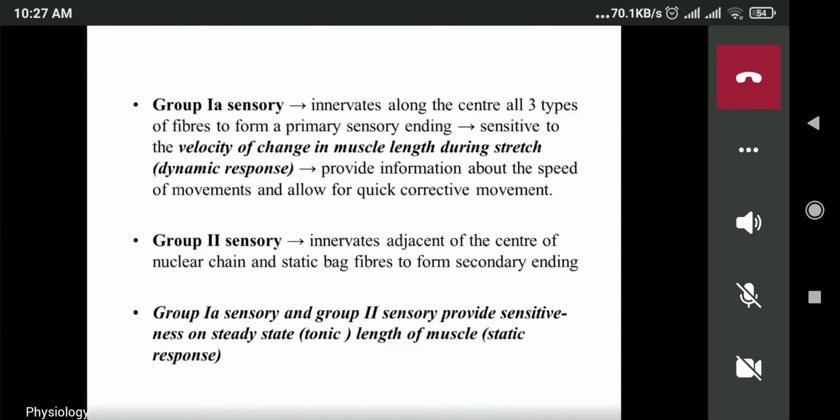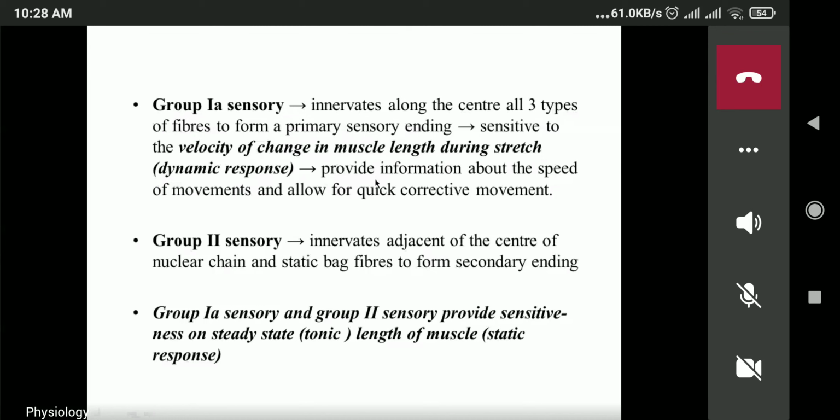So what I have told, that is written. Group 1A sensory innervates along the center all three types of muscle fibers from the primary sensory ending, sensitive to the velocity of change in the muscle length during stretch. When it is active, it is sensitive to the velocity of change in the muscle length during stretch, that is dynamic response.